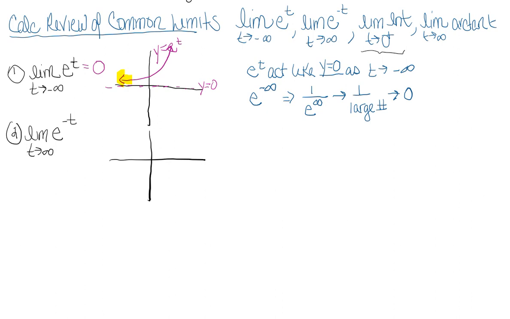So if I was to graph e to the negative t, and hopefully you can do this in your head and you don't even need the calculator, you know that it reflects about the y-axis when you put the negative inside the argument. And then as t goes to positive infinity, we're looking at this direction. And again, we have that horizontal asymptote at y equals 0. So once again, in this case, the limit's going to be 0.